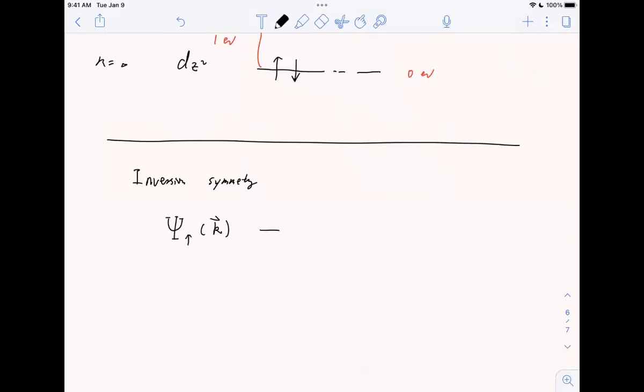If you have an inversion operation, K is a vector, it will become negative K. However, the spin does not change.